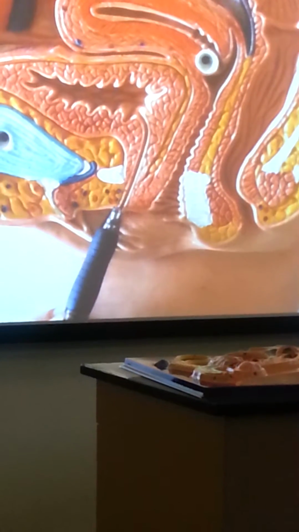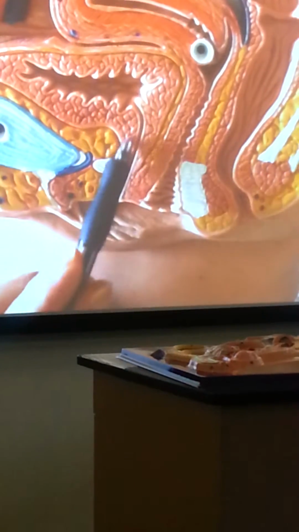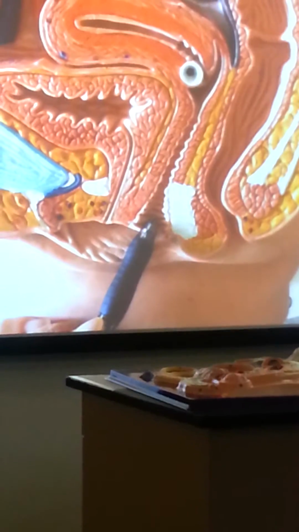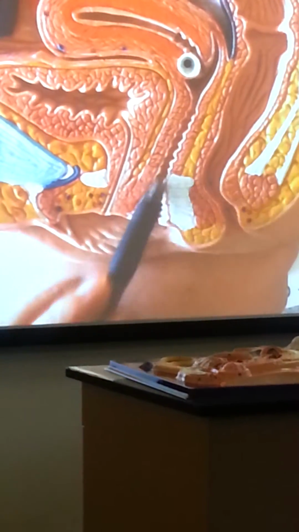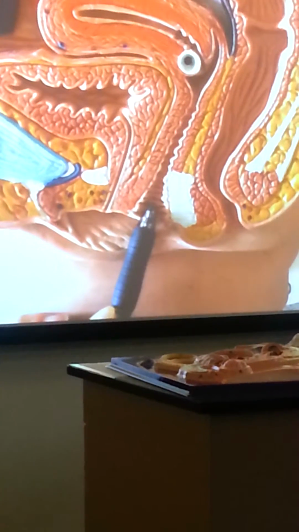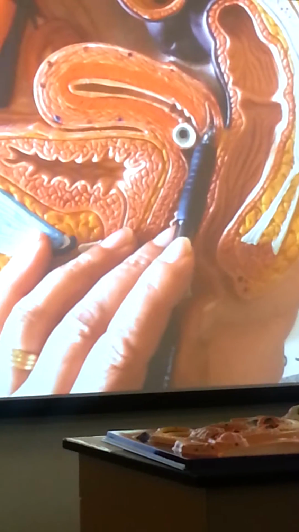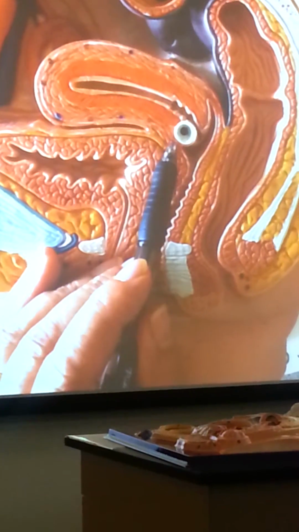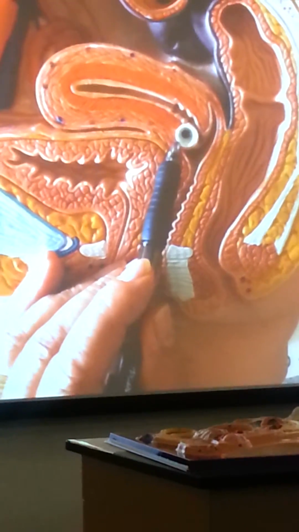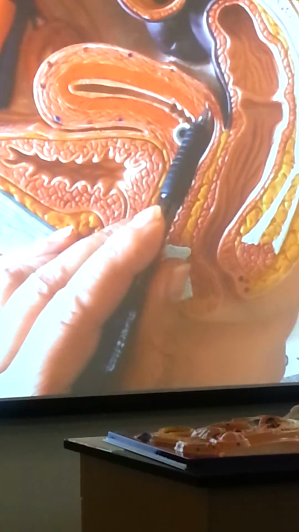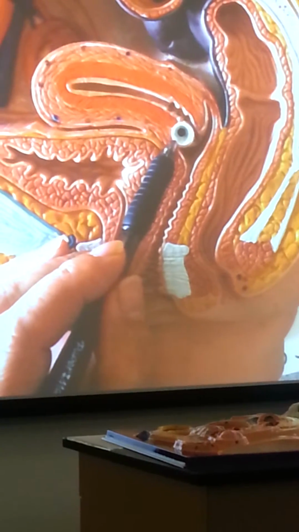Behind that is the urethral opening, leading into the bladder, and behind that is the vaginal opening. You can see the rugae, so it's available for stretch. As we get into the end of the vagina, there are folds on either side because the uterus is bulging into it. These folds are known as the fornix of the vagina.